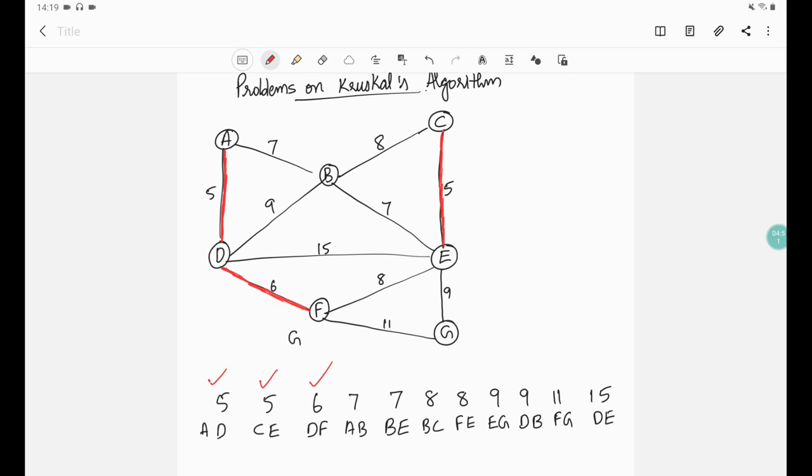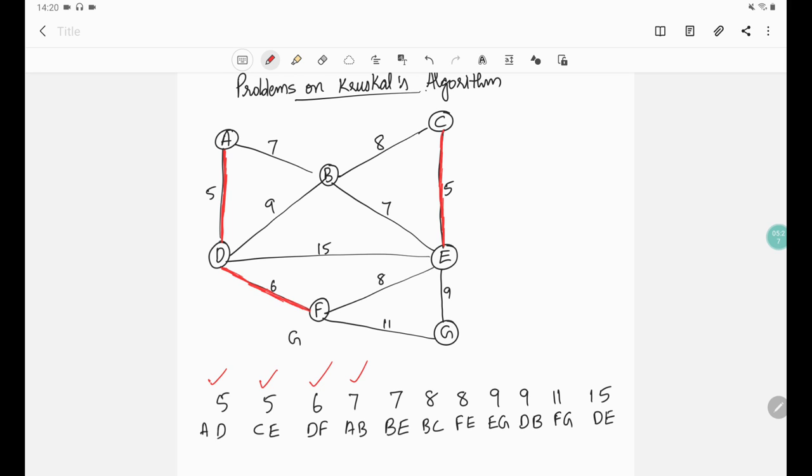The next edge that we are considering is edge AB or BE. In either way we can consider. Here I have written AB in the first position, therefore I am considering edge AB first, and only then I will consider edge BE. It doesn't matter in what order you take those edges. You can take those edges as you like. So let's consider edge AB first.